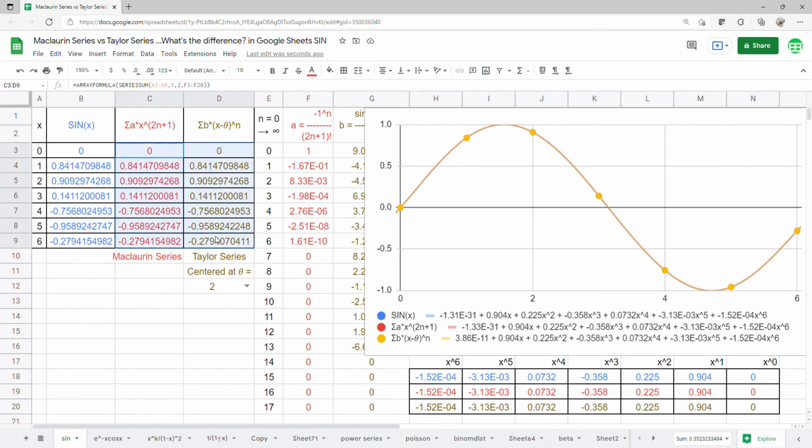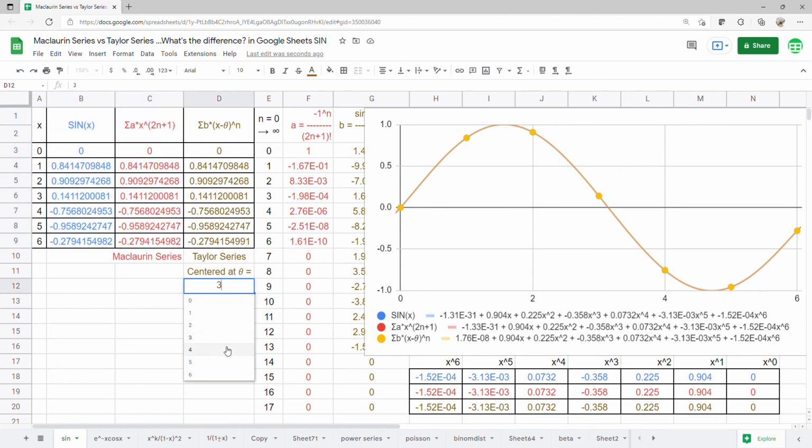Their data sets are the same, their polynomials still the same, and they're still collinear. Center this at 3. There's still no change. The polynomial regression coefficients are still the same, and this still approximates the sine function.